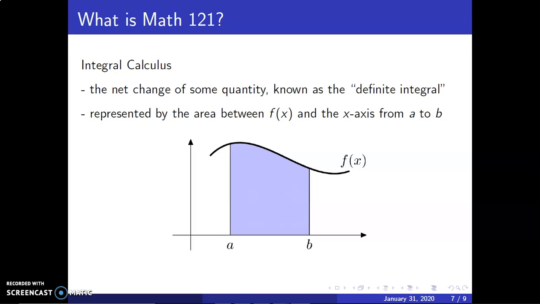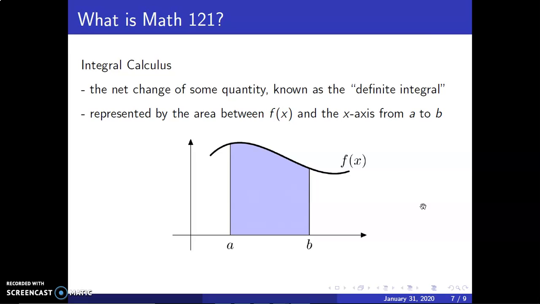Geometrically, this is represented by the area between f of x and the x-axis starting at a and ending at b. You can see that here: if we've got some function, it's the area between this function and the x-axis starting at a and ending at b. So we kind of section this off. We're going to be able to find these areas exactly with the methods that we're going to develop.